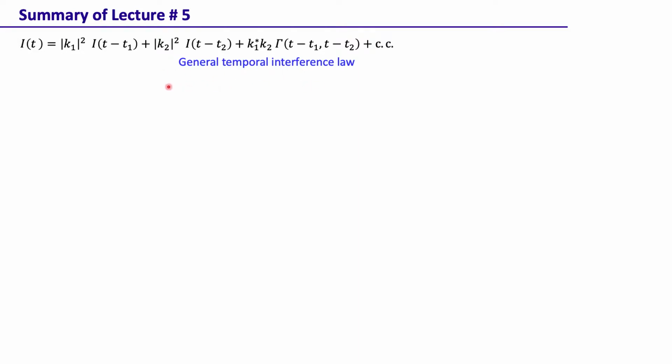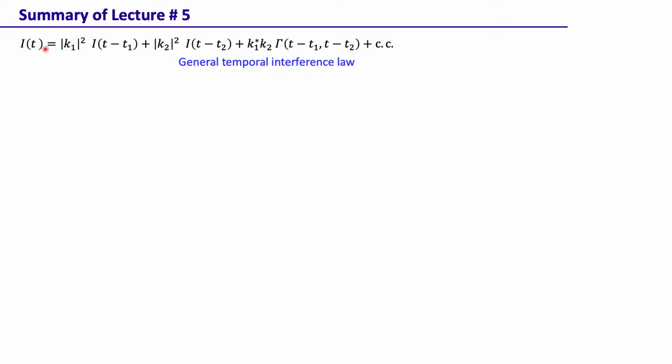And the general methodology is that one picks up fields from those 2 points and then combines them through an interferometer, and then the intensity at the output port of the interferometer contains this correlation information. This one is the correlation between the fields at t minus t1 and t minus t2.